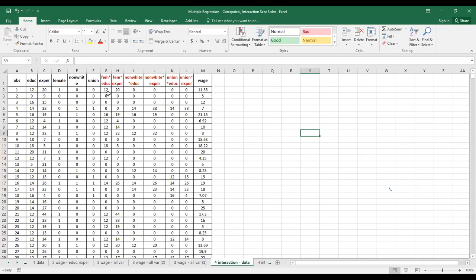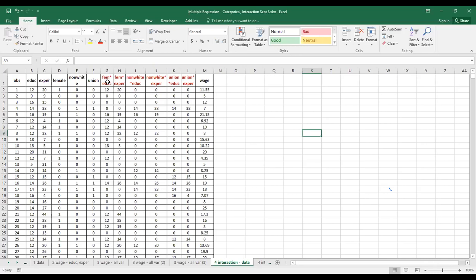So now we're going to introduce another variable. This is the interaction. We're going to multiply, for example, female times education. Female times experience. Non-white times education. Non-white times experience. Union times education. Union times experience. So that's what we call interaction variables.